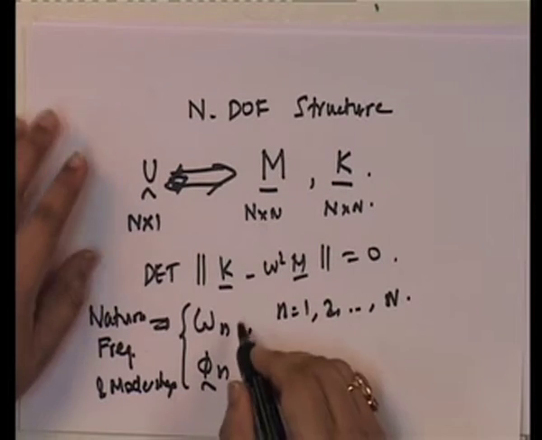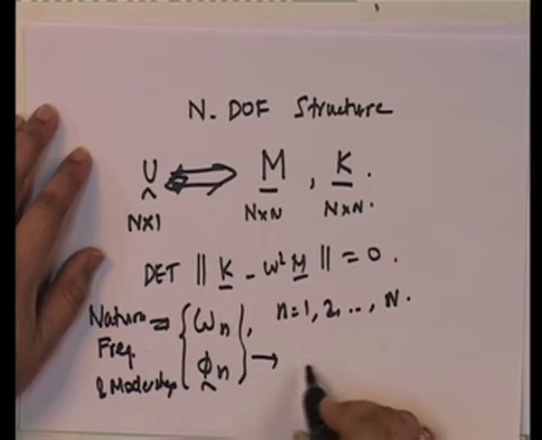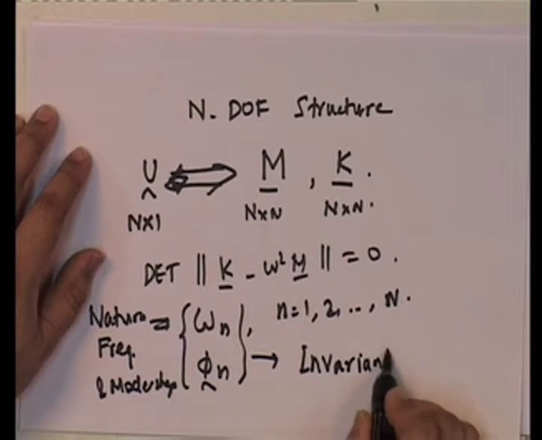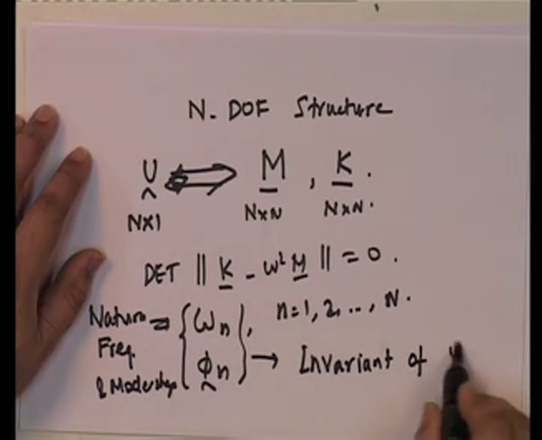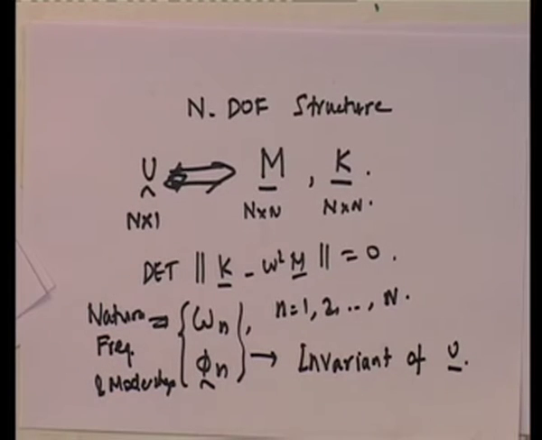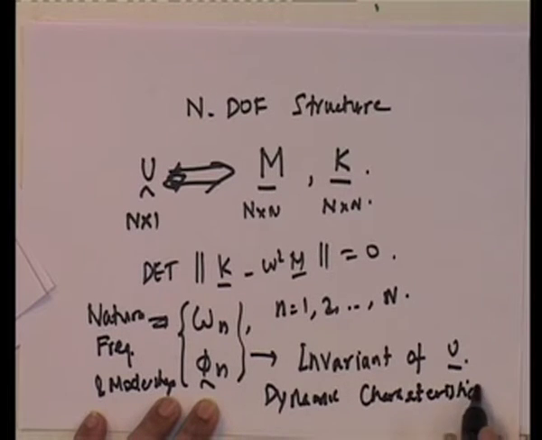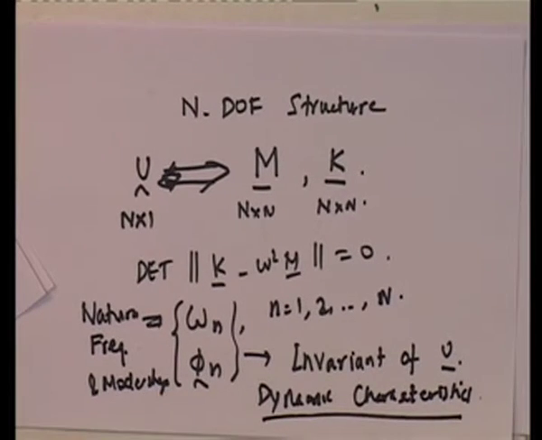Now, note this is very, very important. These are invariant of degrees of freedom. Why? Because these are dynamic characteristics of the structure.